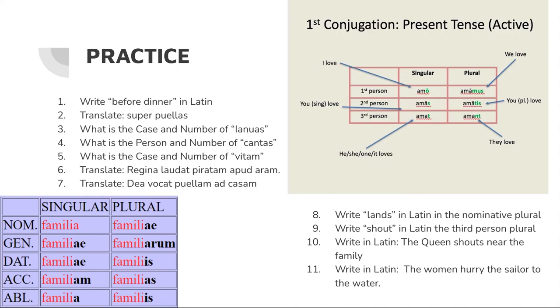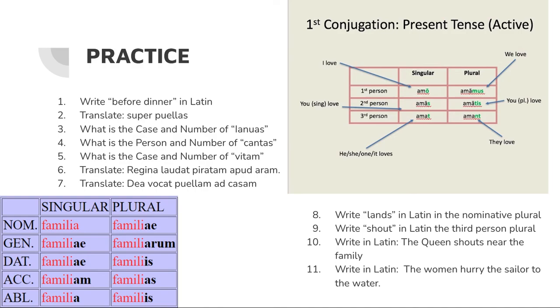Hurry is festino, and if you make it third person plural, it'll be festinant, so it'll be feminae festinant, and then the sailor, which is going to be in the accusative singular case since it's the direct object, it'll be nautam, so feminae festinant nautam, and then to the water, ad, and then the water would be aquam, right?